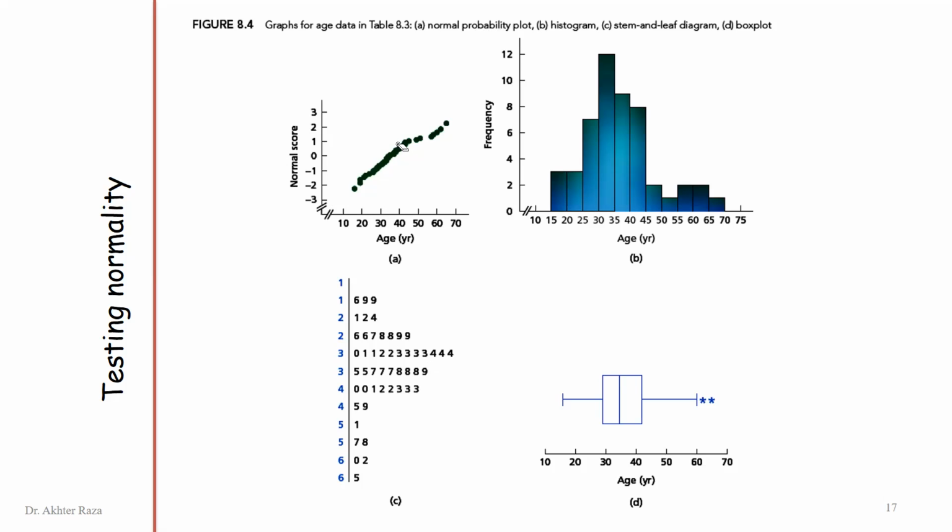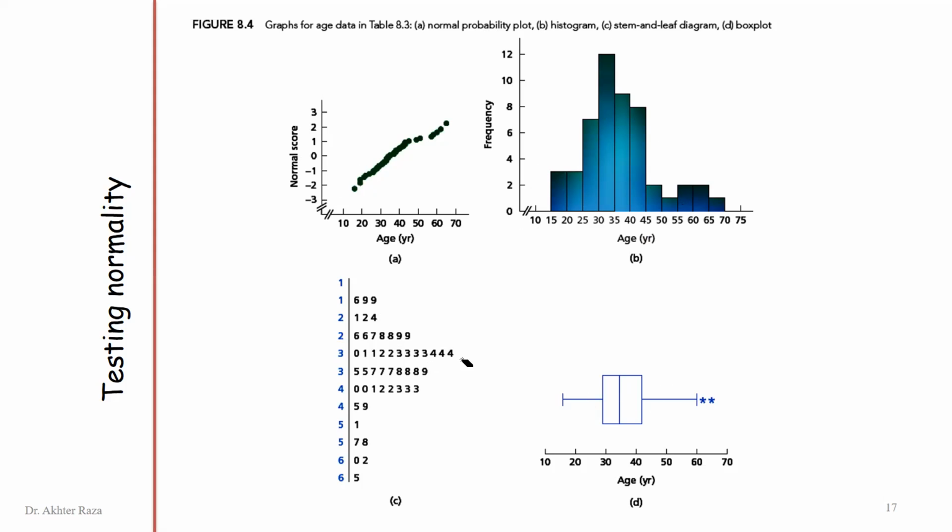If it is linear, we can call it normal. If the histogram is in bell shape, we can say it is approximately normal. If the box is in center and the median is in center, we can call it normal.